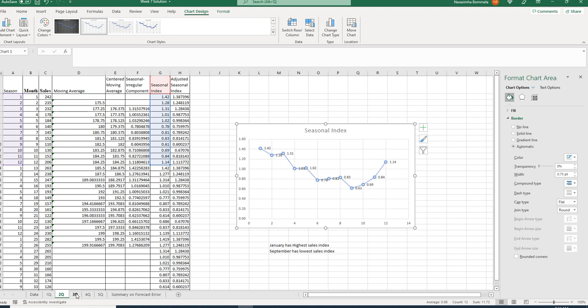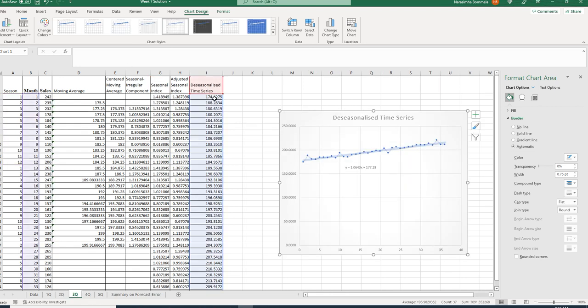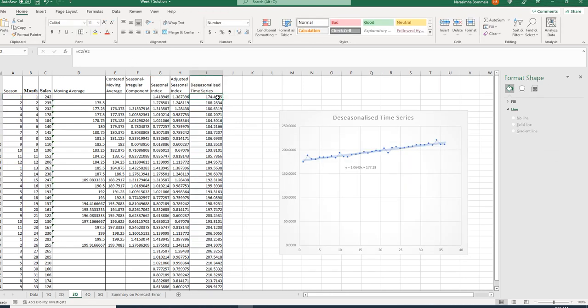For the third question, we have created a deseasonalized value. This deseasonalized value is calculated by dividing the actual sales value by the seasonal index. The seasonal index is already calculated in the last task, right? By dividing the actual sales value by the seasonal index, it is possible to create a deseasonalized time series.